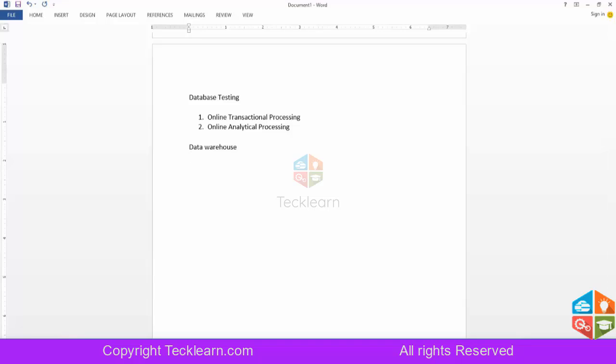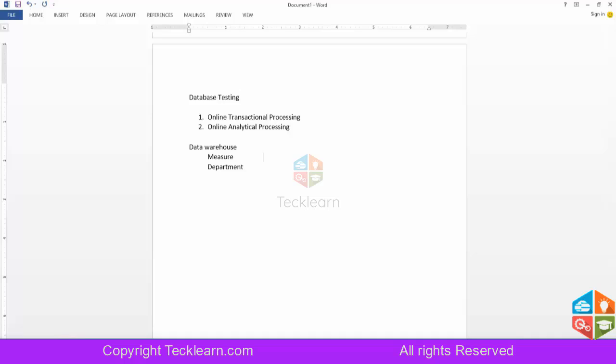To understand data warehouse, you have to first understand two things: measure and department. These two things I wrote in non-technical terminology.